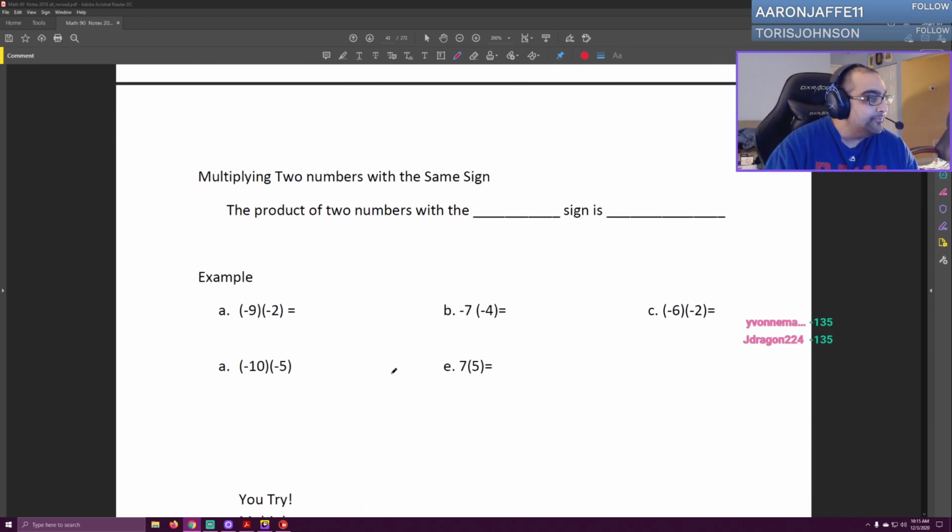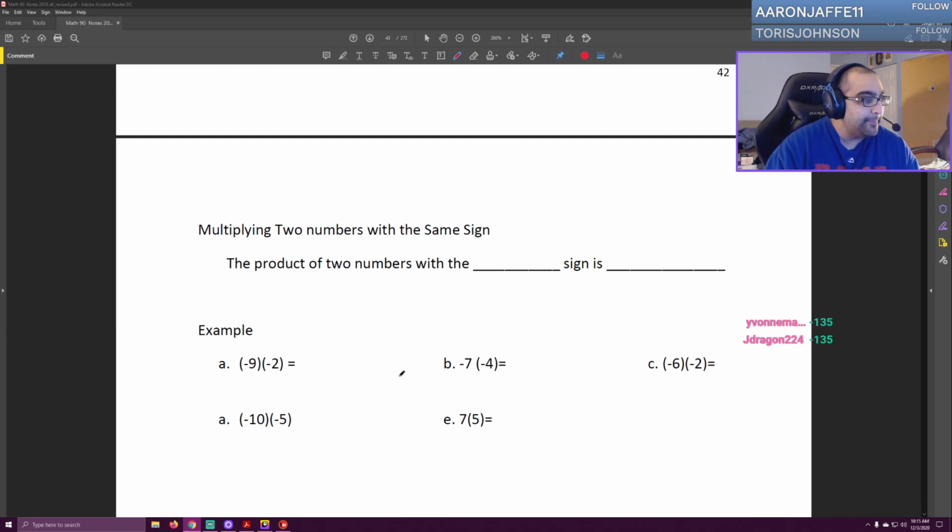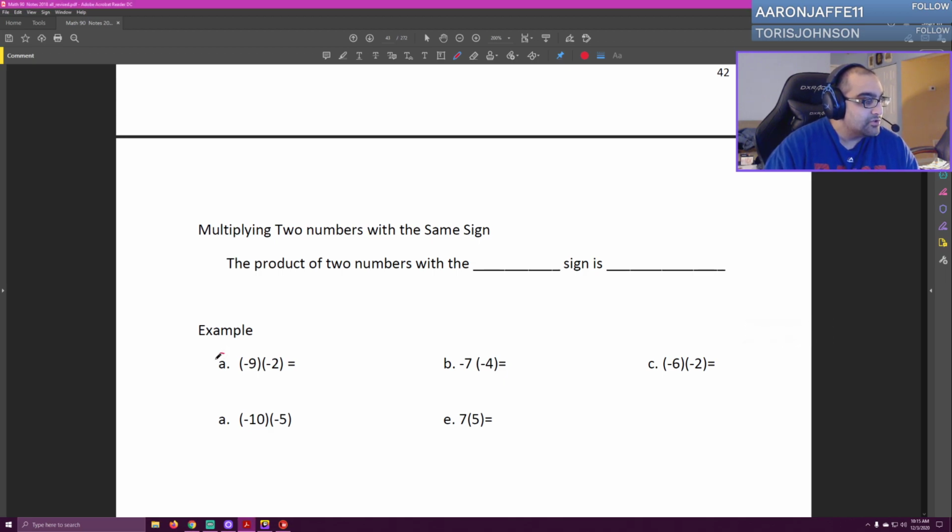All right. Let's take a good look at a few more problems. So let's look at this first one here. We have -9 times -2. First of all, what is the sign of our final answer here? Is it going to be positive or negative using our rules?